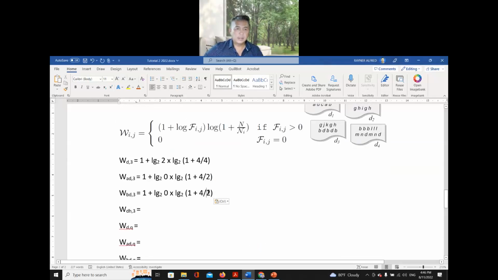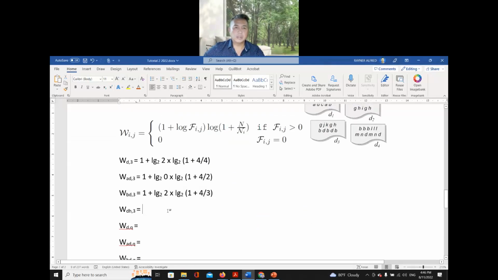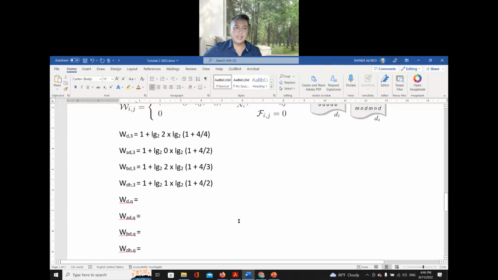So we have this one 3. And how many times does BD exist in document 3? So we have twice. And lastly, DH. So DH appears in 2 of the documents, but in this document we have how many? 1 only. Okay? So that is the weightage for the D, AD, BD, and DH. So you need to complete this one.